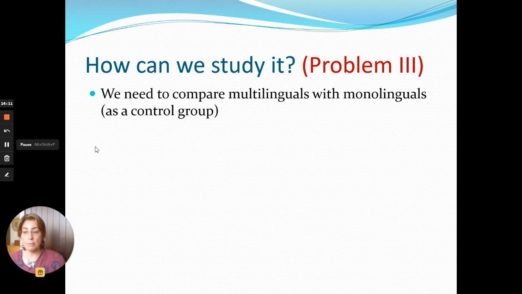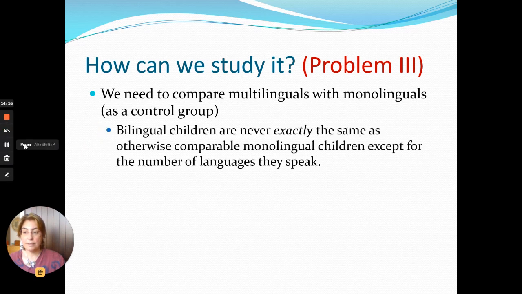This, of course, is highly problematic, because obviously, bilingual children are never exactly the same as otherwise comparable monolingual children, except for the number of languages they speak. My bilingual children, as I have presented to you in last class, come with their own personalities, their own internal diversity, etc. One bilingual child might not be the same as another bilingual child.